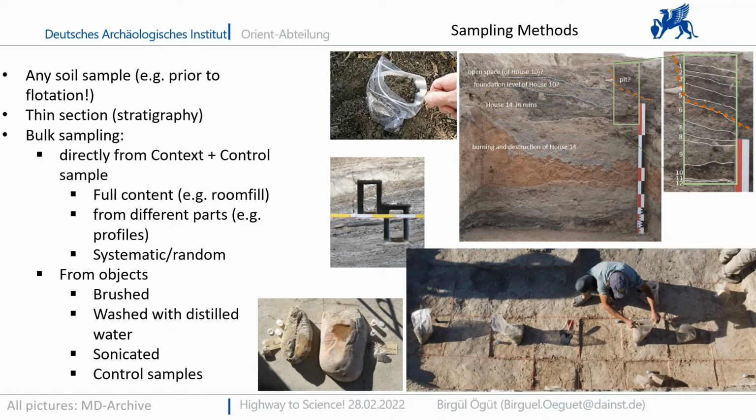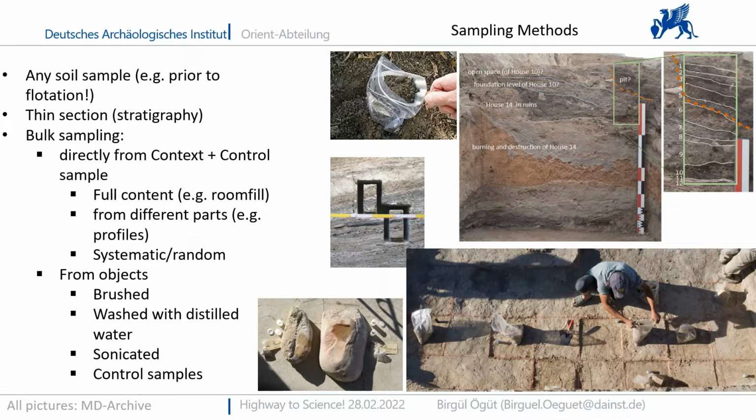Before you start looking into your depot for samples to send us, I would like to talk about the different sampling strategies. Not every soil sample is suitable for every research question, and this is generally true for every analytical method. In particular, for microremains, I have made the experience that if you ask for samples or are asked for analysis, the possibilities are the following.